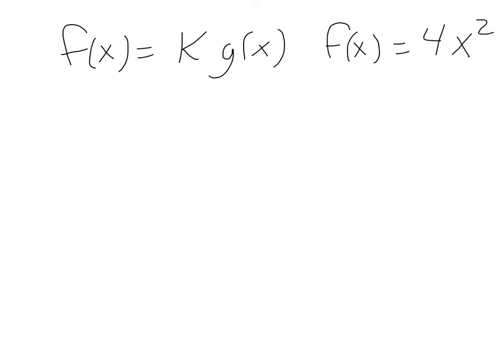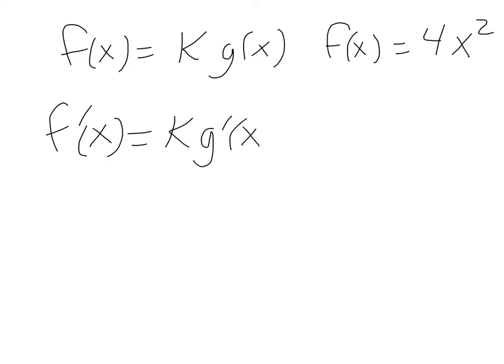How we treat a constant out in front of one of our 5 equations is we just leave the constant where it is, and then we take the derivative normally. So in calculus notation, we would write f prime of x equals k times g prime of x.